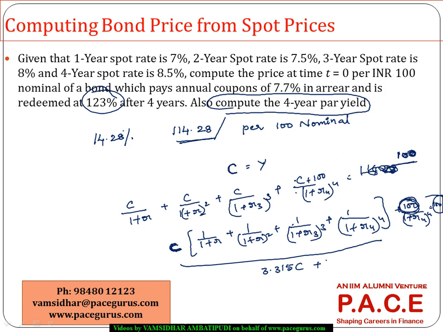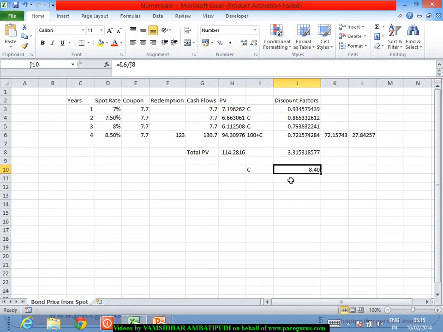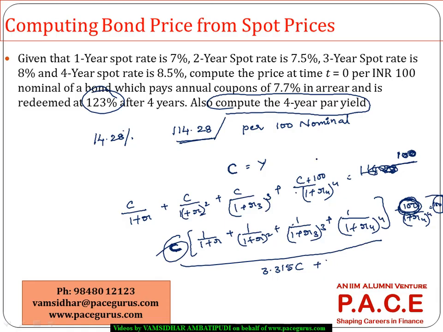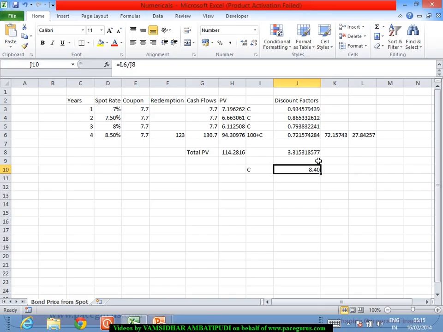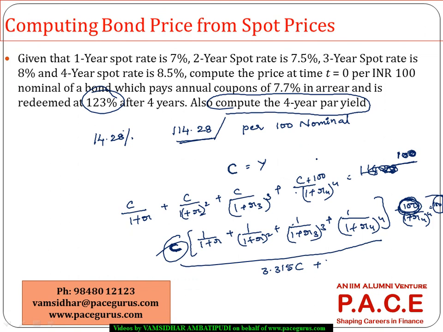When I set the price as 100, redemption value as 100 and equal coupons across, and find out that particular coupon which will create this kind of a scenario, that particular yield is what we call the par yield, right? So the par yield in this case we can obtain as 8.4%. Alright.